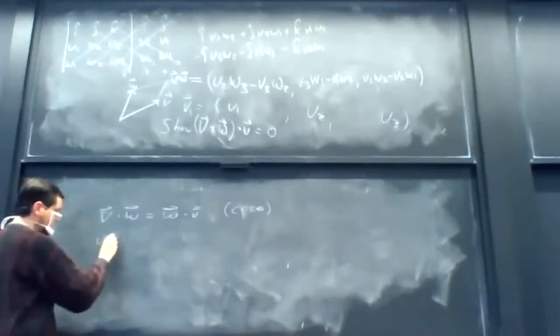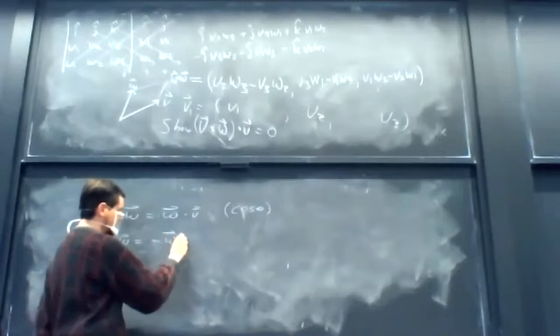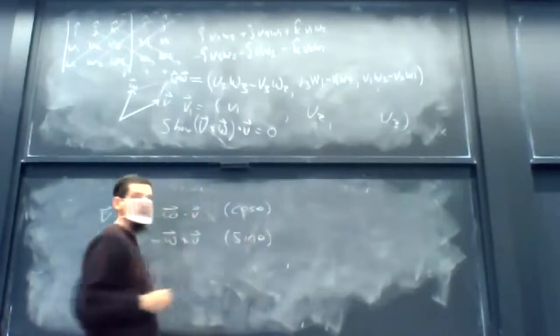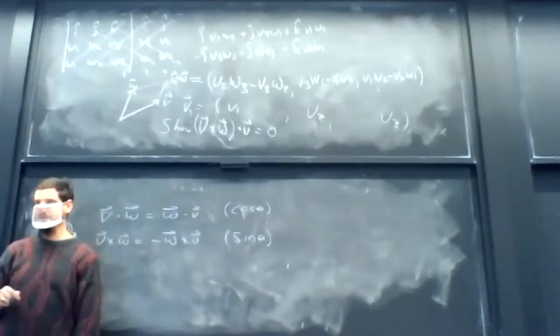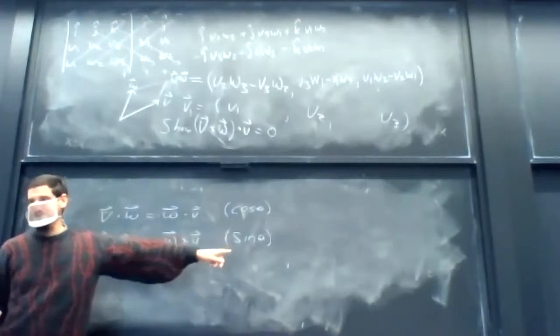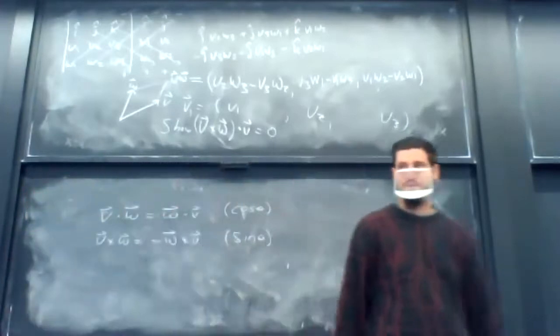If I look at the cross product, W cross V is negative V cross W. And the reason is the cross product involves the sine of theta. And if you switch theta to negative theta, sine changes, but cosine doesn't. That's why the cross product is going to be different.